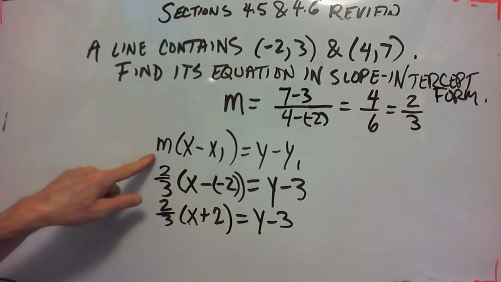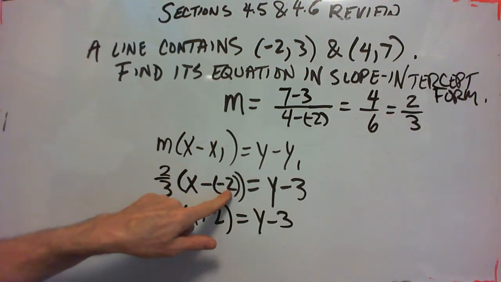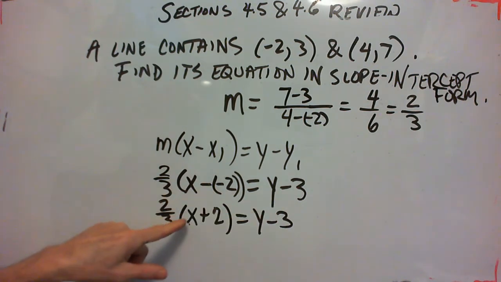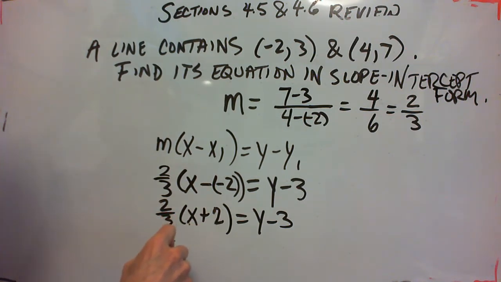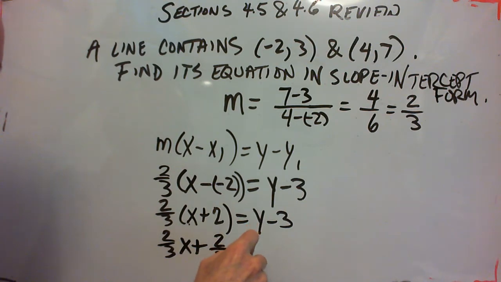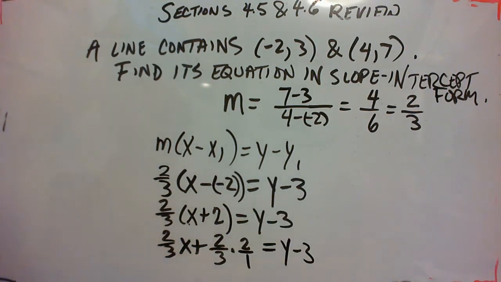So we plug the slope in, the x1 in, the y1 in. And before I distribute, I change that x minus a -2 into x plus 2. And then you distribute 2/3 times x plus 2/3 times 2, which we write as 2 over 1, equals y minus 3.